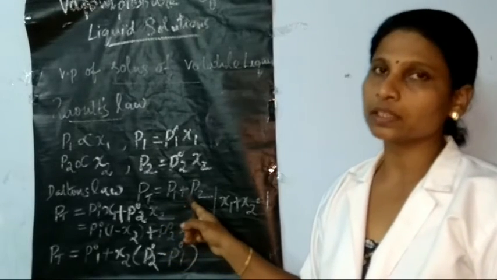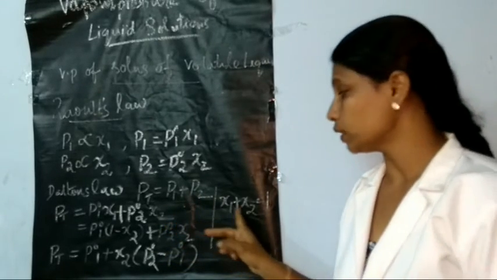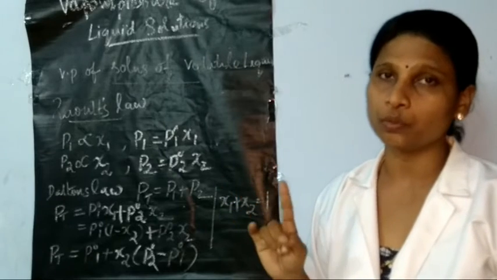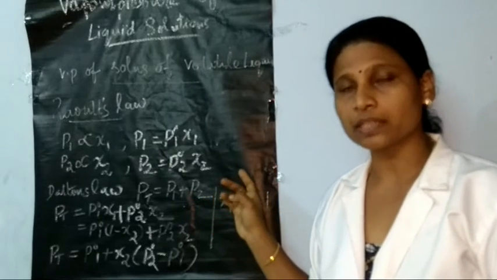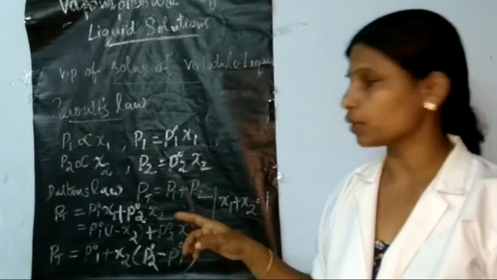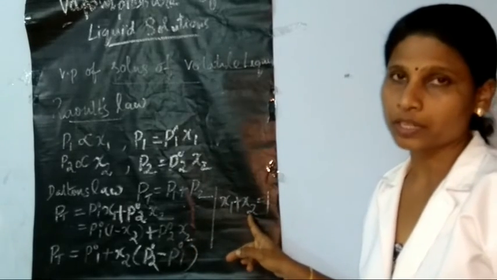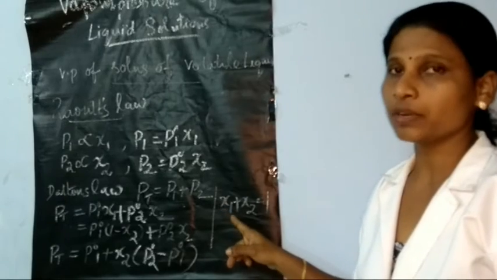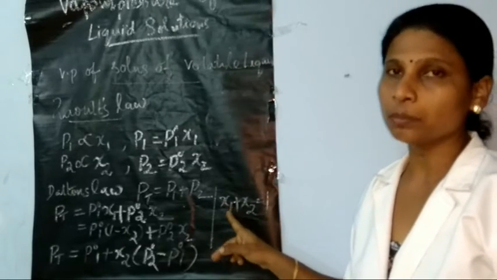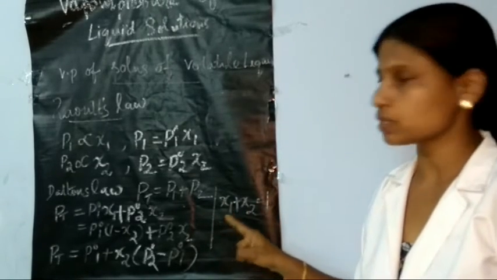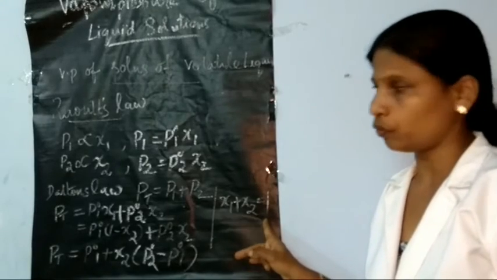Here we know that the total mole fraction of all the components in the solution is equal to 1. In this chapter we discuss binary solutions. X1 is the mole fraction of solvent, X2 is the mole fraction of solute. Therefore, X1 plus X2 is equal to 1.